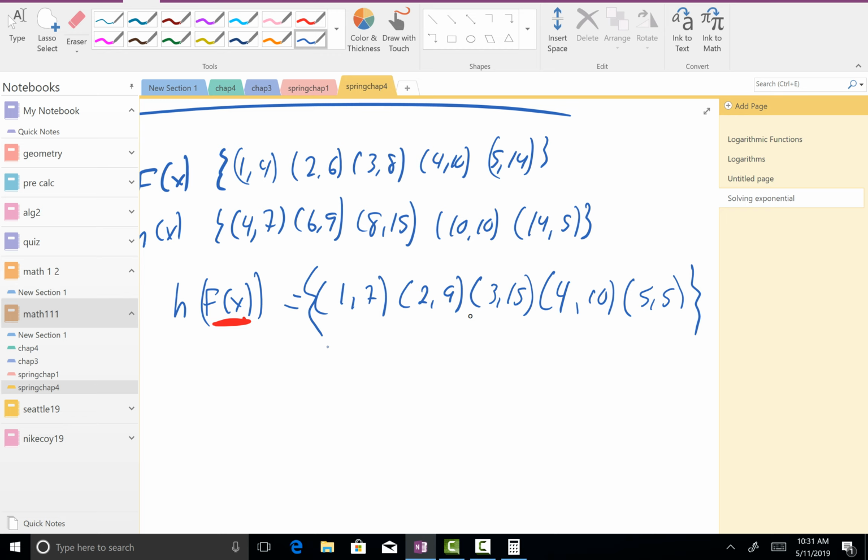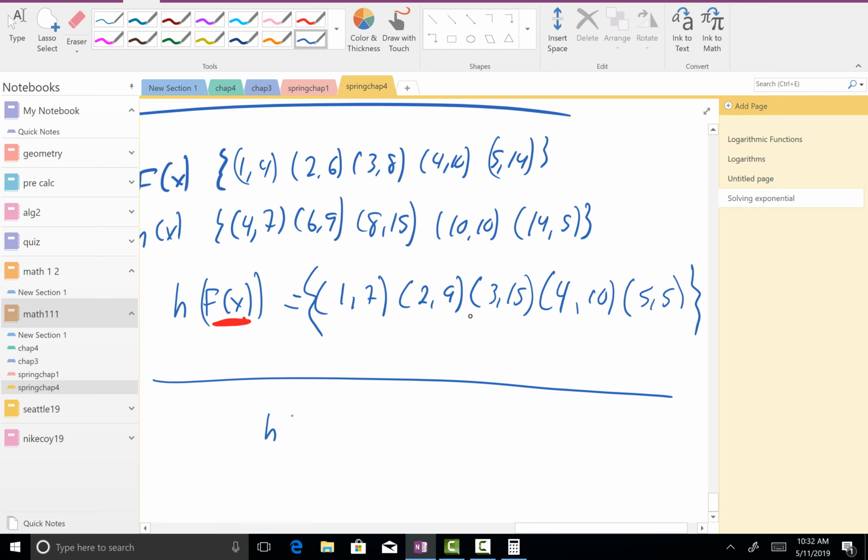So start with the inside function f, go to the first number that's the input, output, and that output becomes the input. That's kind of the definition of a composition.